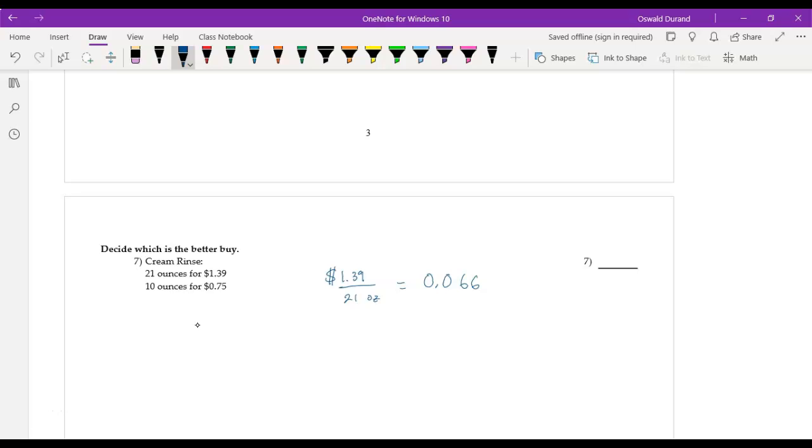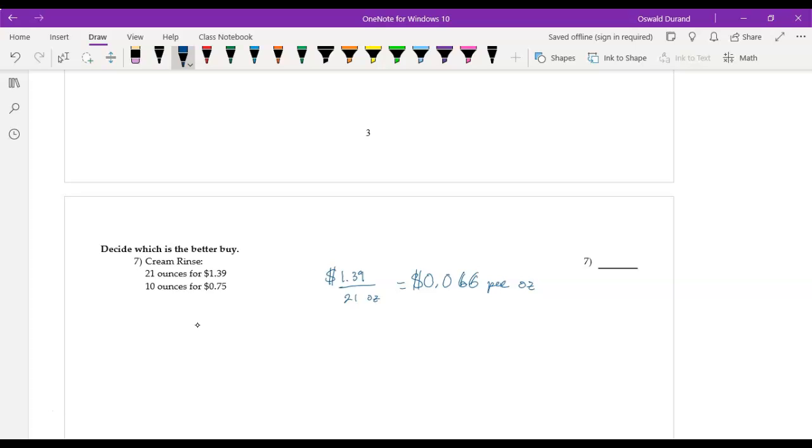Well, $0.06 is really cents, so it would be about 6 cents per ounce, right? So let me just put dollars, but we understand this is 6 cents. And then we put per ounce.